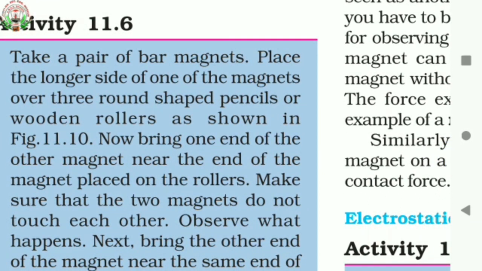Yes, a magnet is a substance which can attract iron, nickel, cobalt, etc. There are different types of magnets like bar magnet, horseshoe magnet, etc. A magnet has two poles, a north pole and a south pole.